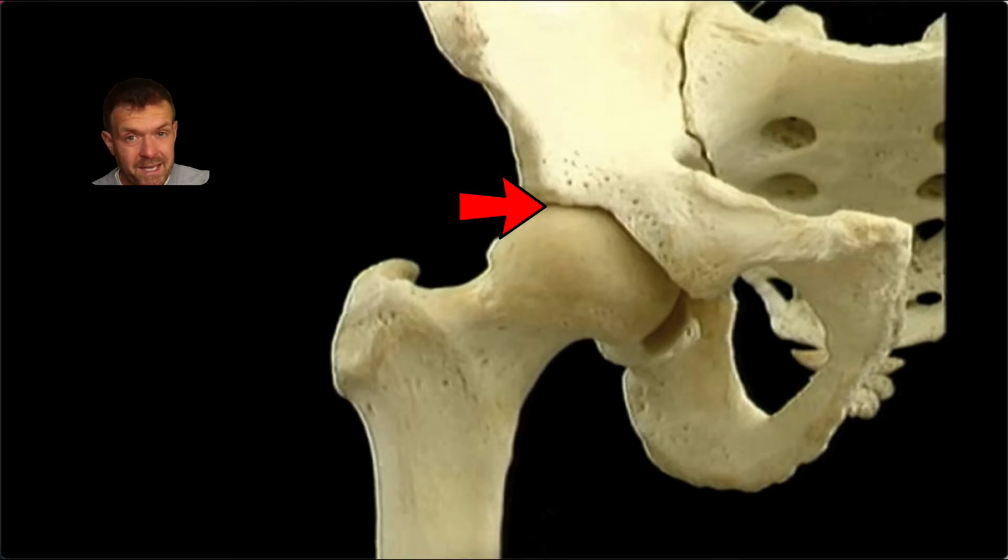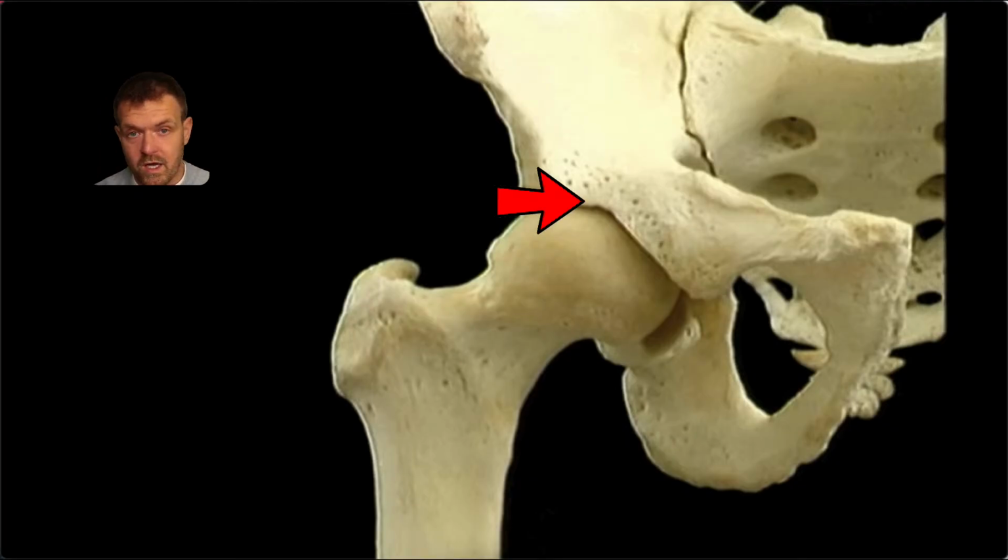You can also have a pincer lesion, which is where the socket changes shape. So the socket can grow outwards and these little osteophytes will come out and they will create a deeper socket. So as you move the femur around, it can then contact those pincer points and you can get irritation there. Okay.